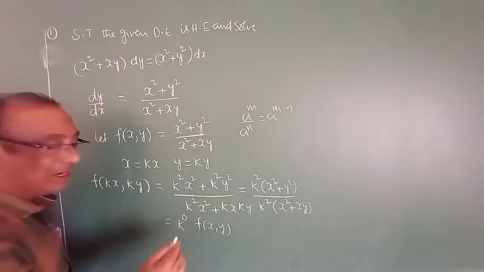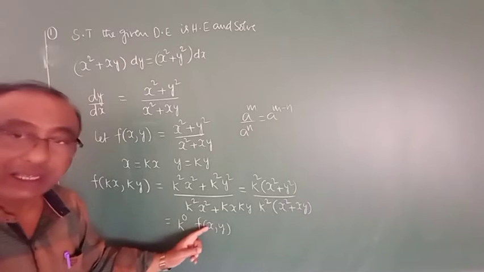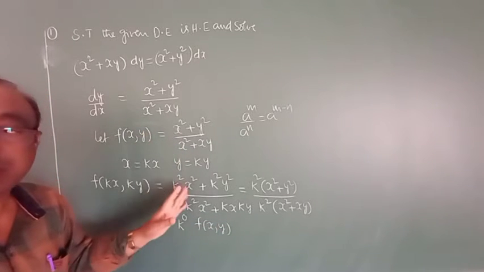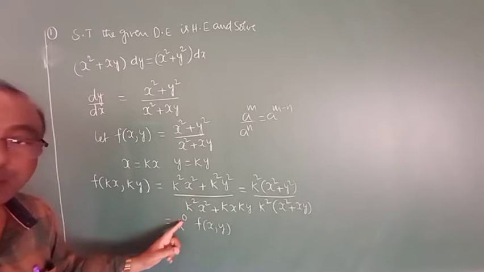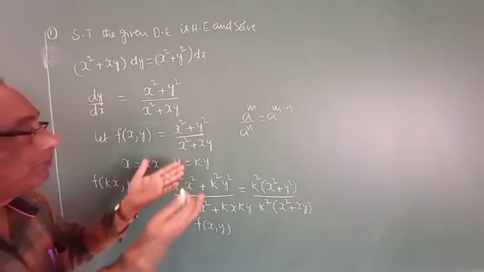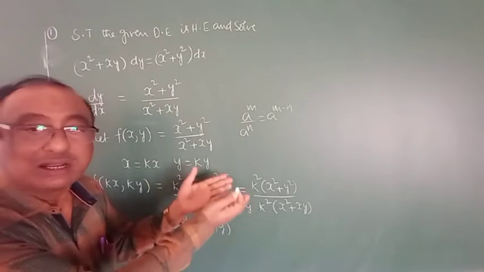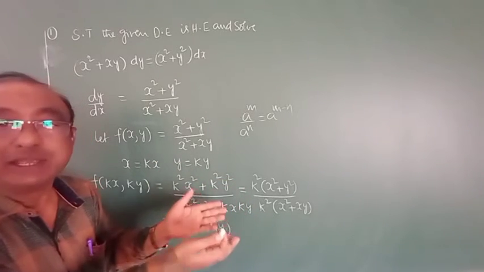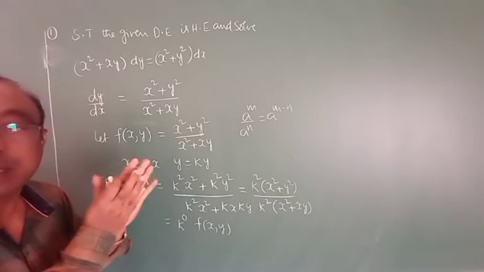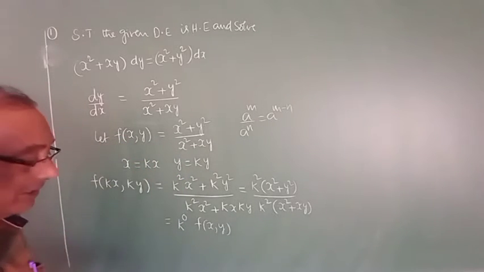When k to the power 0 appears and we get the same original function again, it means it is a homogeneous equation, because the constant term is common.